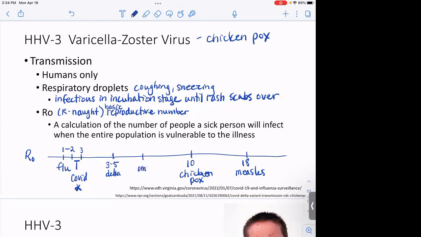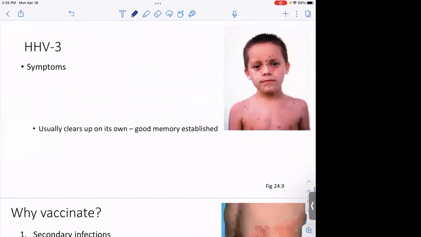So Omicron is maybe about 7, a little more infectious, but estimates go a lot higher than that. It makes you realize I do have some personal responsibility. If I get sick, I'm likely to give it to X number of people. Of course not everybody, since people have had it or been vaccinated, but interesting to think about. Okay, a little more about chickenpox.